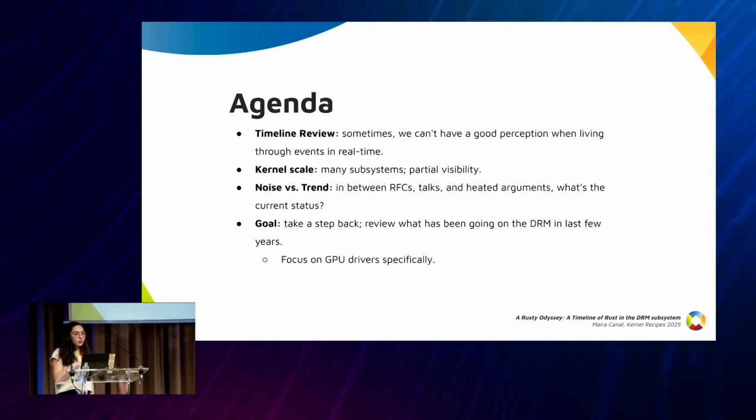By reviewing those relevant events, I think we can try to answer some questions at the end of the review, like why Rust seems to be so suitable for GPU drivers, and why Rust seems to have this great success in the DRM subsystem.